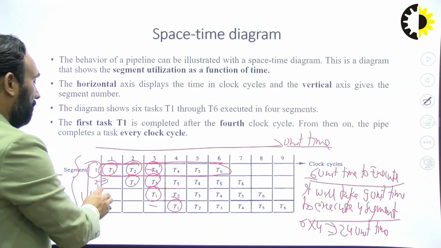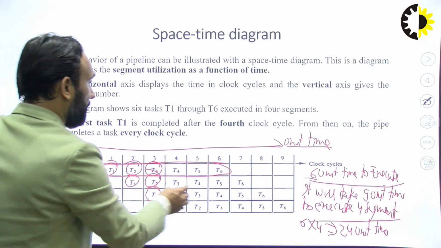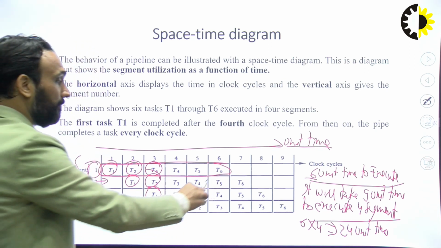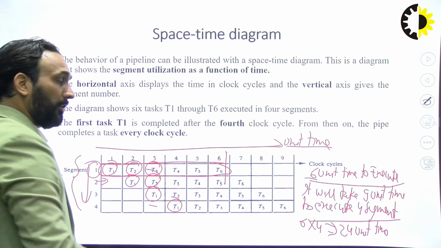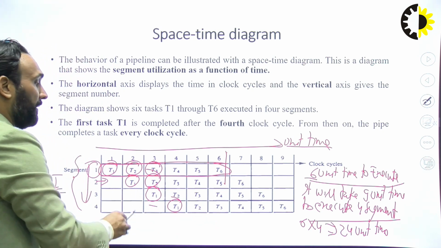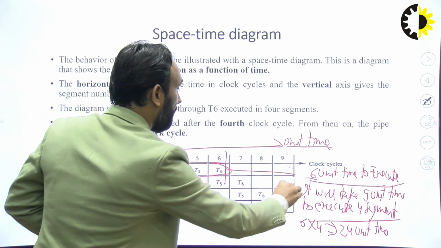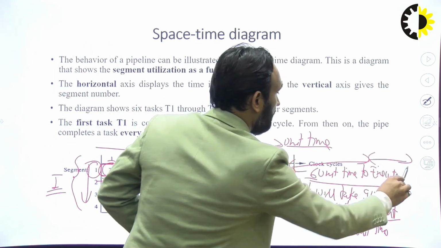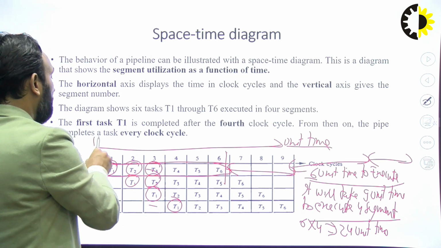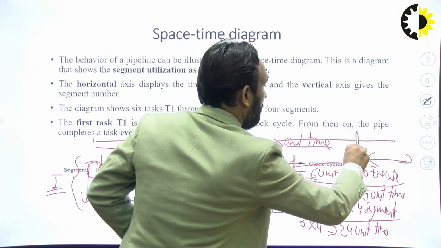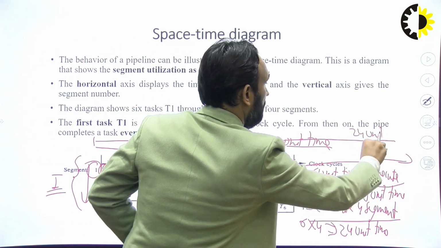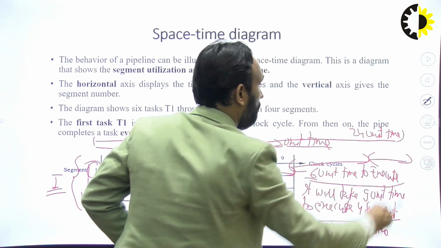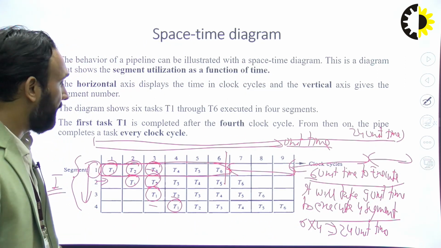It means all these segments will execute after the complete execution of the previous one: the first segment finishes, the second executes after it, the third after that, and the fourth after that. So that will take a complete 24 unit time.